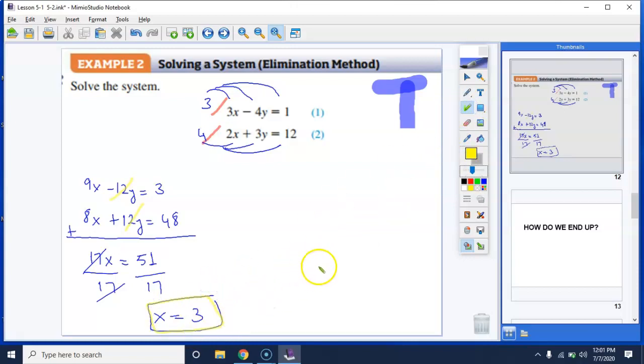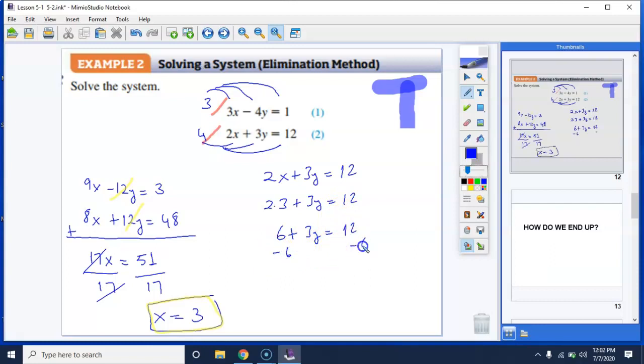And then we can go to any equation we want to plug in back. X equals 3. You can plug in here, here, or even those equations, it doesn't matter. Let's pick the bottom one. 2x plus 3y equals 12. I know what x is, plug in here. 2 times 3 plus 3y equals 12. This is going to be 6 plus 3y is 12.